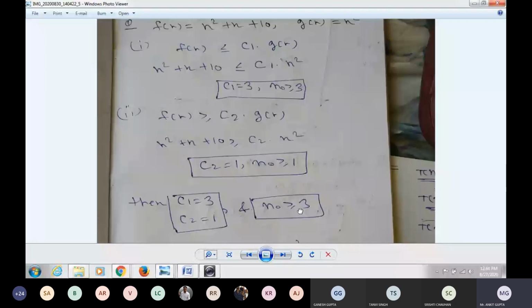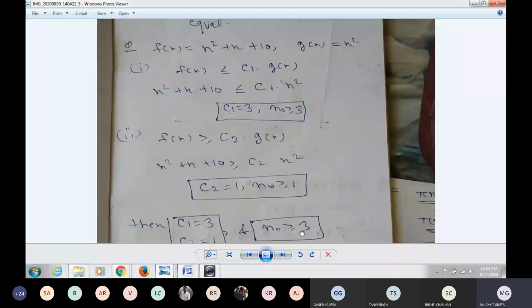Suppose it satisfies only big O, or only big omega. Then the theta notation will not be satisfied, because it should satisfy both conditions, big omega as well as big O.